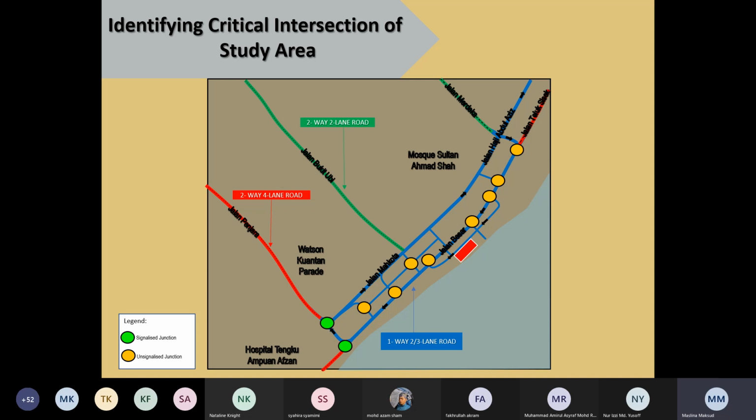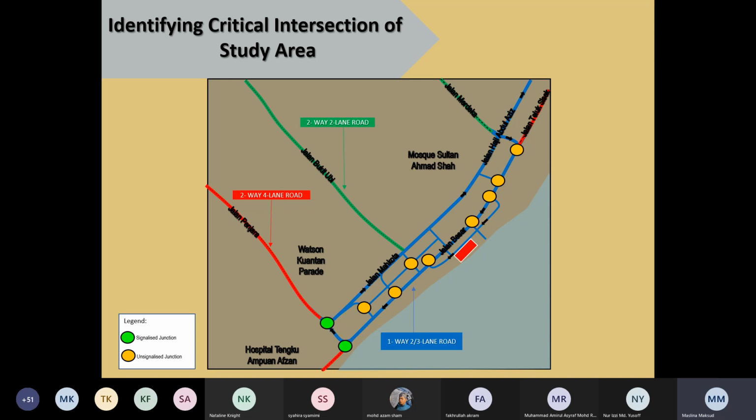So you can see that the traffic flow from the Jalan Mahkota and Jalan Besar is like one-way in the loop circulation. Meanwhile, as you can see, Jalan Penjara and Jalan Bukit Ubi are two-way roads, but they have a different number of lanes.